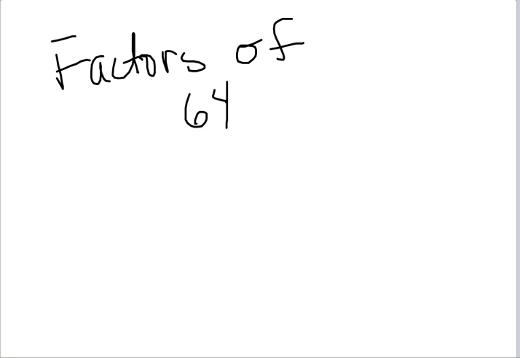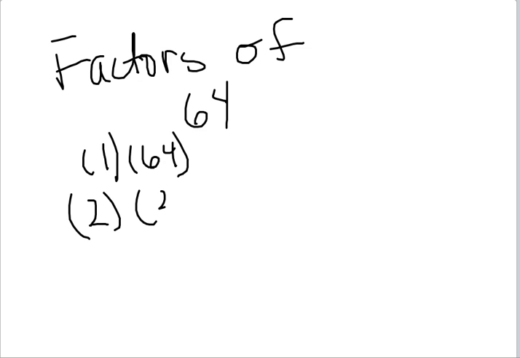So if I want the factors of 64, I can look at them in pairs, and that's a good place to start. And so I could look at 1 and 64, or 2 and 32. 4 does not go into 64. Silly Miss Dancer.